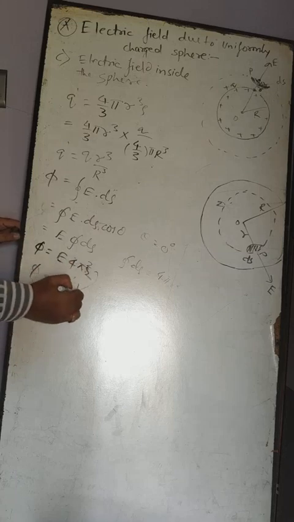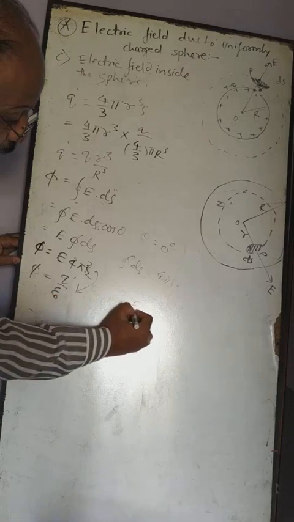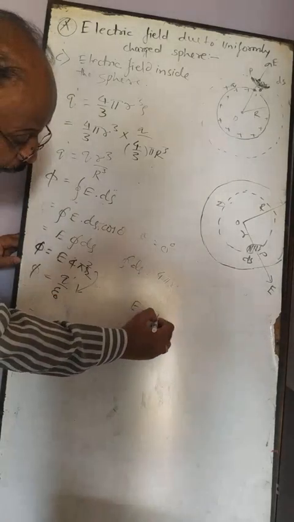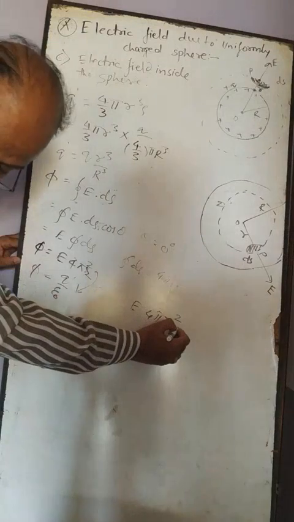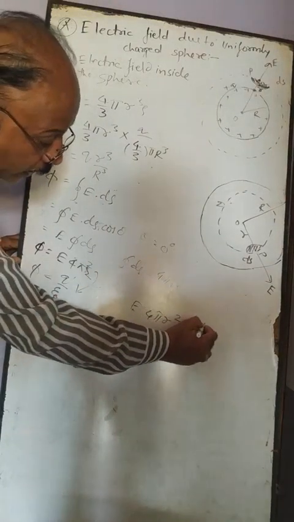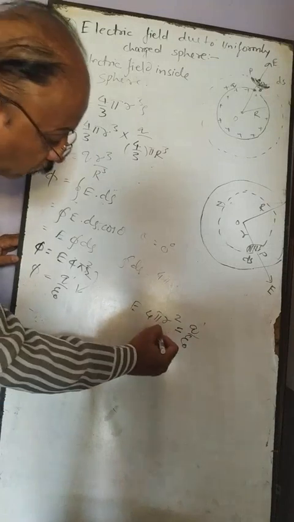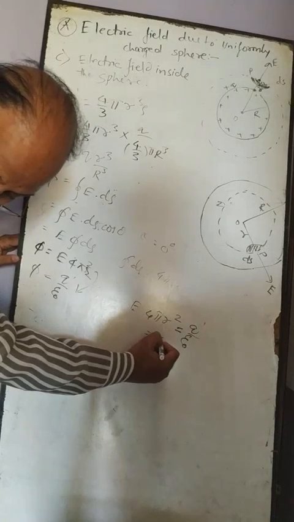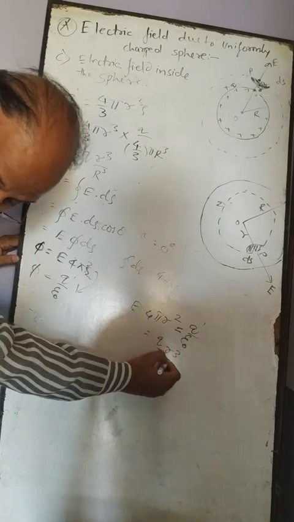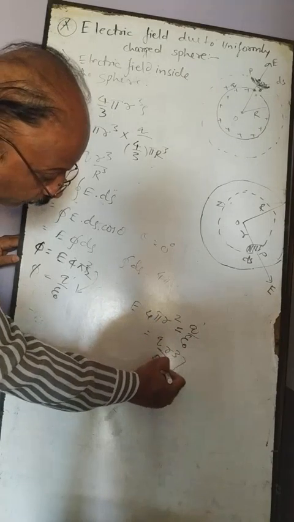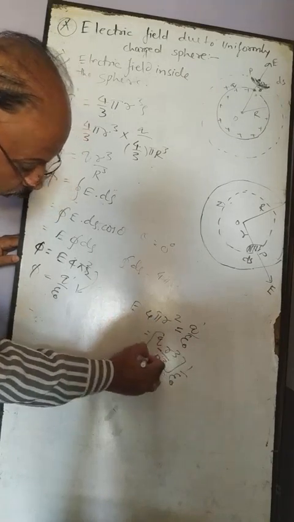Now this value must be substituted in this equation. So we got E into 4 pi r square is equal to Q dash divided by epsilon naught, and that is equal to Q r cube divided by R cube into 1 divided by epsilon naught.